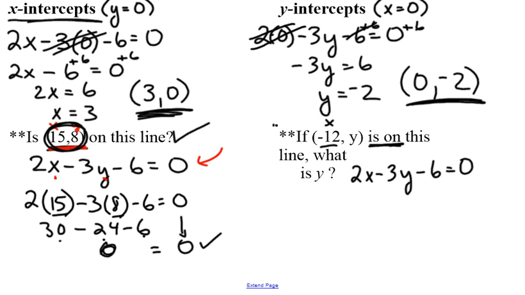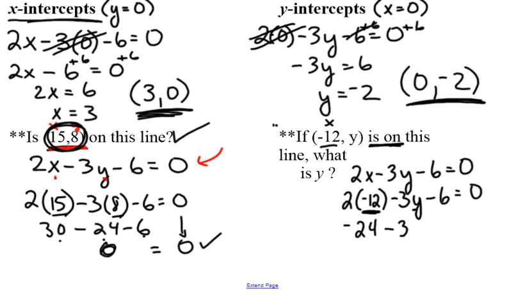Well, we're now saying x is negative 12. We don't know what y is yet, so we want to solve for y. When x is negative 12, we should be able to figure out what y is. Just like we said, if x was 0, we could figure out the y-intercept. Well, if x is negative 12, we can figure out the y.